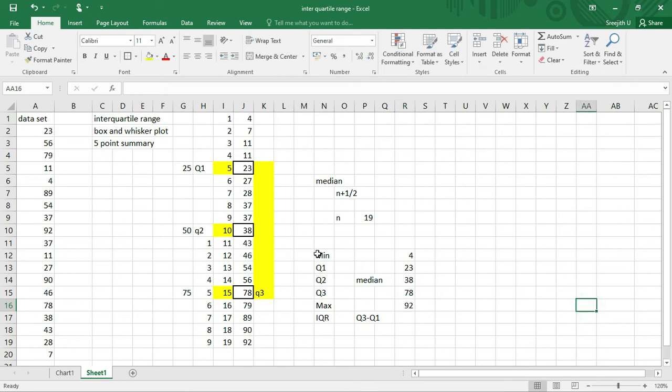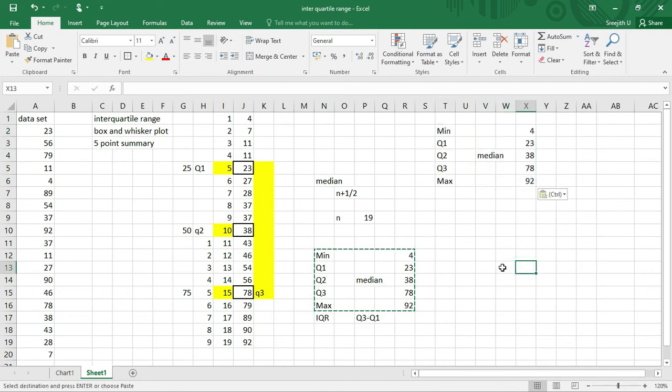So these 5 points together are called the 5-point summary. It gives you the minimum, the maximum, and it shows Q1, Q2, Q3. Q1, Q2, Q3 respectively divide it into 4 compartments.